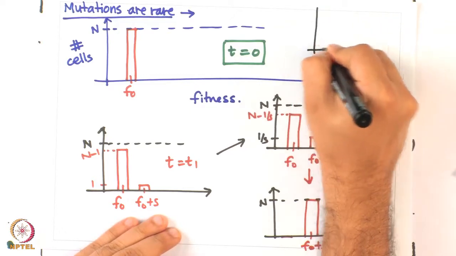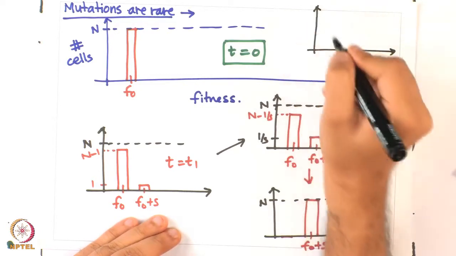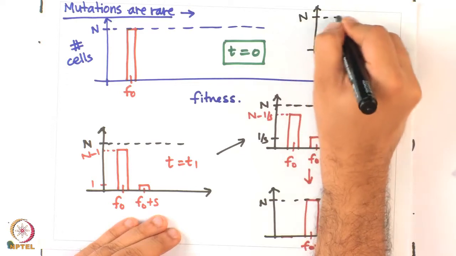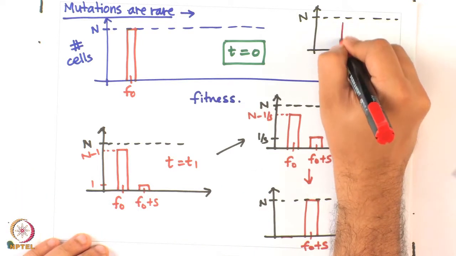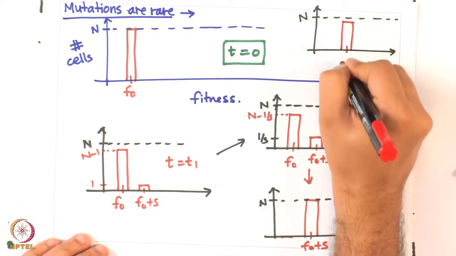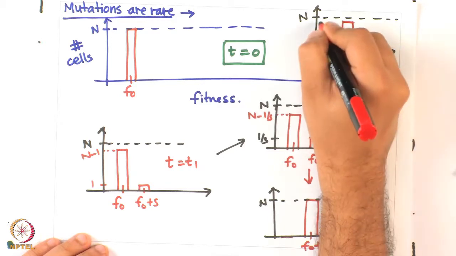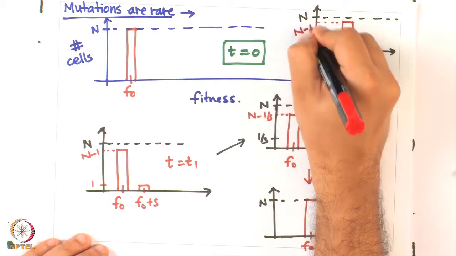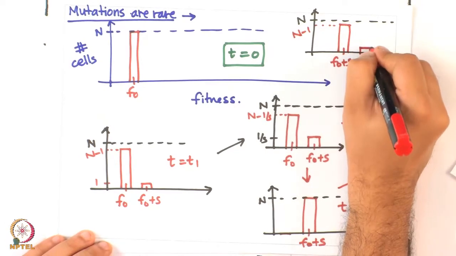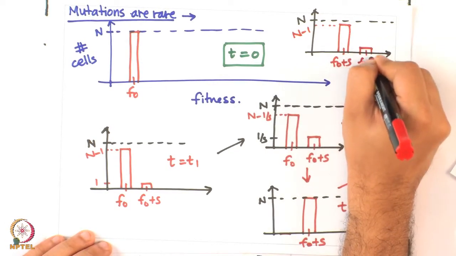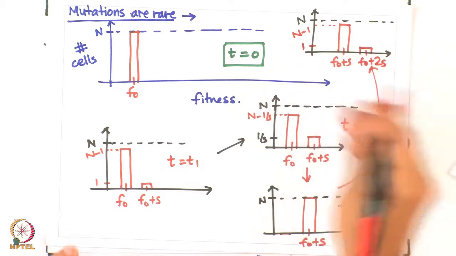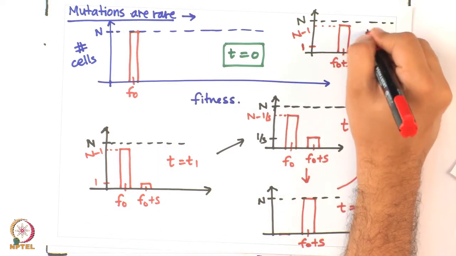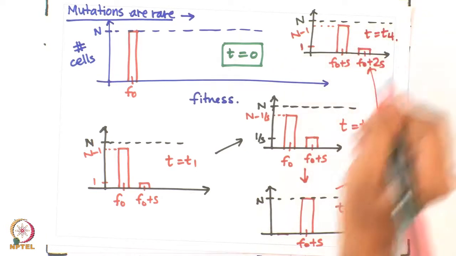And in that case, at t equal to t4 now, you have n minus 1 individuals at f naught plus s, and you have one mutant individual that has arisen, which is f naught plus 2s. And the whole story repeats itself.